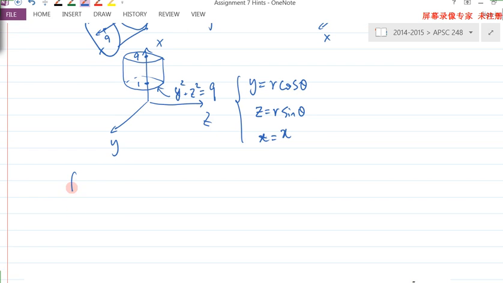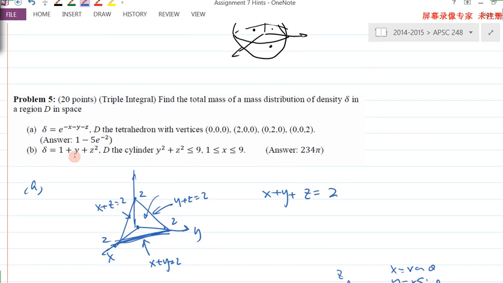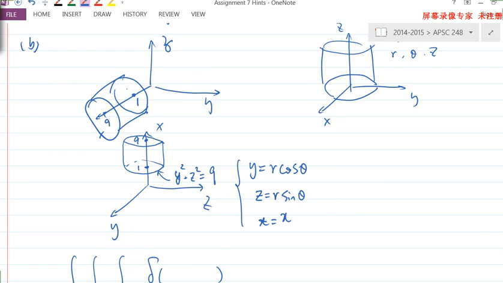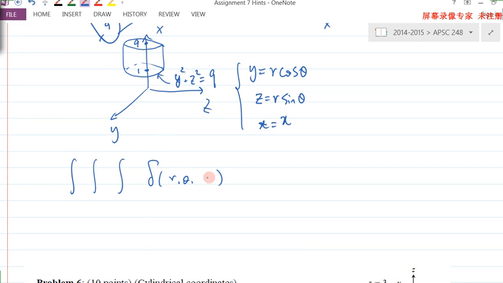So when you lay out this integral here, we're basically integrating a certain delta function. Where is the delta function? The delta function is this delta function. Substitute y with r cosine theta, substitute z with r sine theta, so you will end up with a certain r and theta function for y.